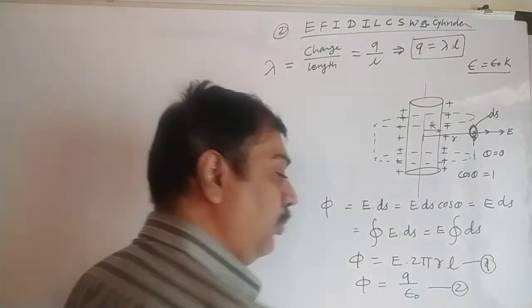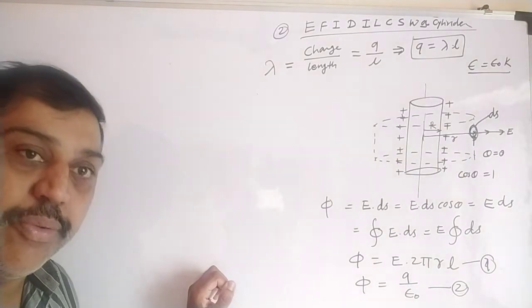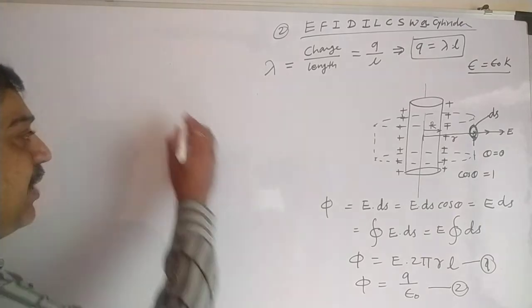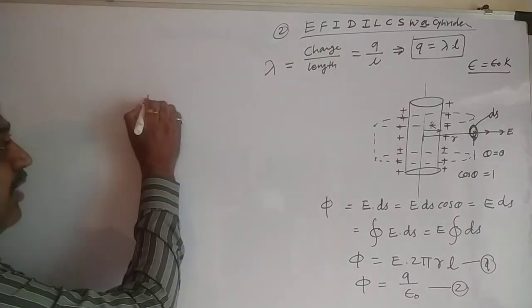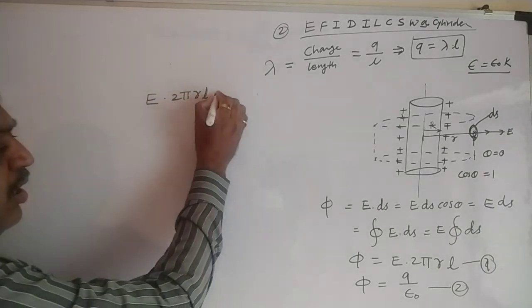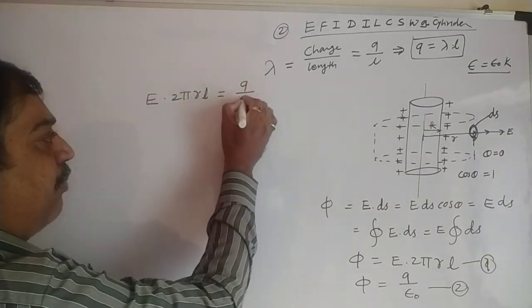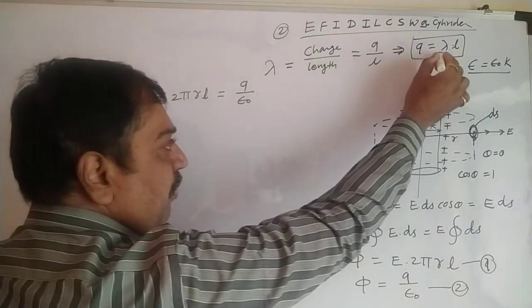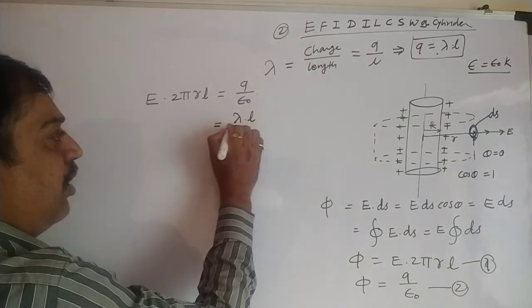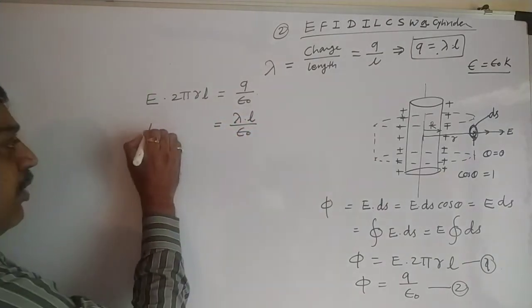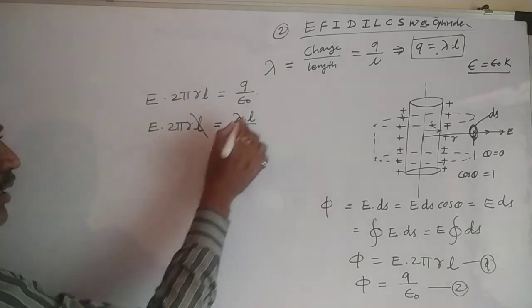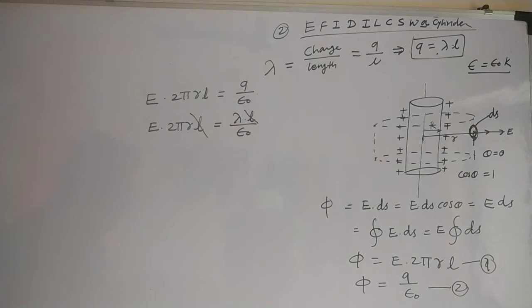It is equation 2. Equate equation 1 and 2, similar to the initial case. The left hand side is phi, so the right hand side must be the same. So we can write E into 2 pi R into L equals Q divided by epsilon 0. Put the value of Q. We can write this as lambda into L divided by epsilon 0 equals E into 2 pi R L. L from the left side and L from the right side cancel out.